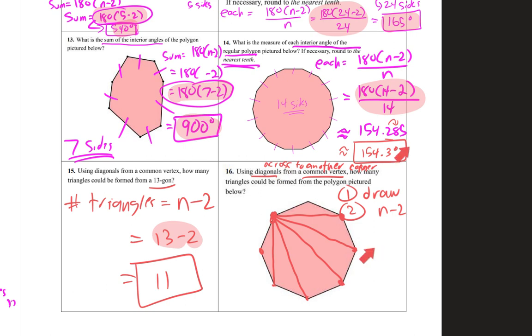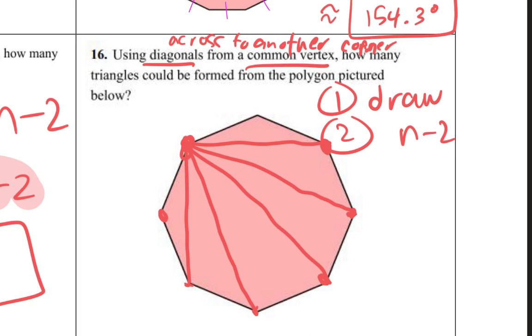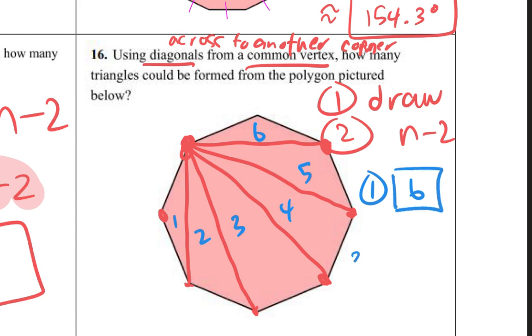So now it says how many triangles can be formed. We have to count the number of triangles. Let me change the color. I'd say 1, 2, 3, 4, 5, 6. So with answer number 1, if I draw it, I could draw 6. Now if I did number 2, the second way, I would say the number of sides minus 2.